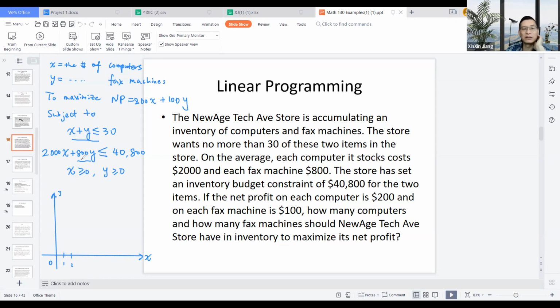Sorry, 51. It's a little bit too messy if you mark this as 1. Let's not do that. And the x-intercept would be about 20 or so.